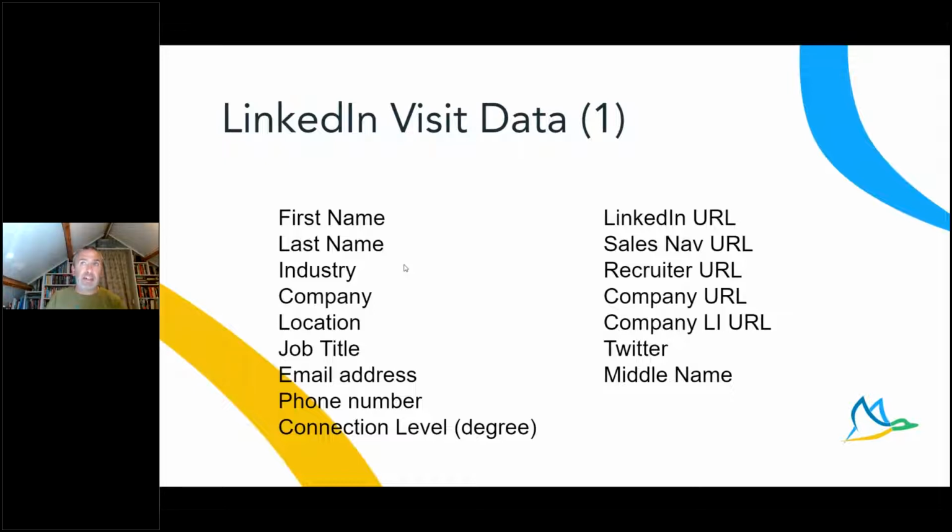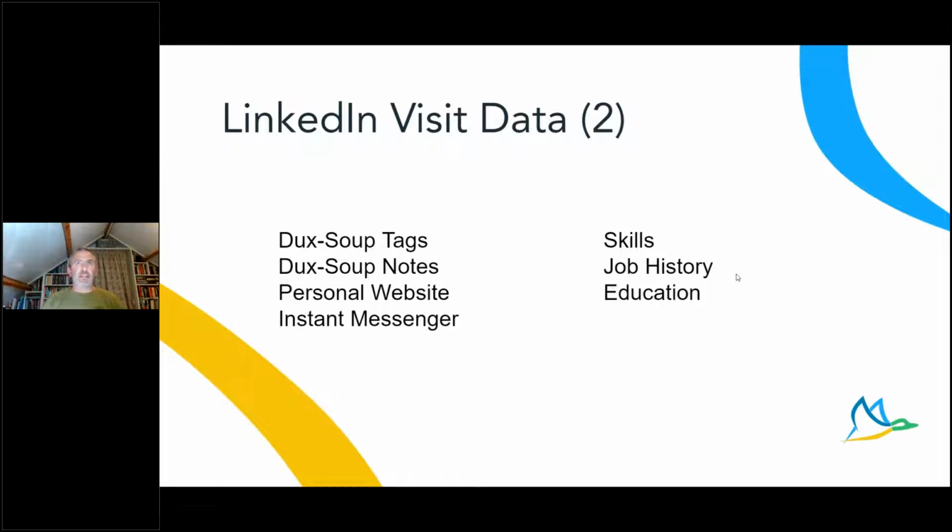So that can be the LinkedIn URL, the Sales Navigator, the Recruiter, even the company URL and the company LinkedIn URL. You'll also be able to gather, for example, Twitter handles and middle name, etc. And there are one or two others which we'll come on to a bit later. As well as those, when you download your visit data, you get Dux-Soup tags and notes.